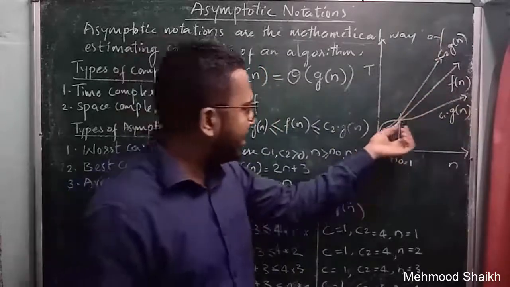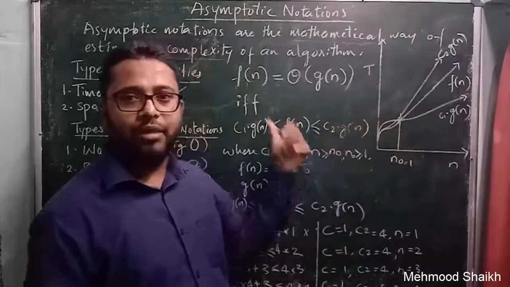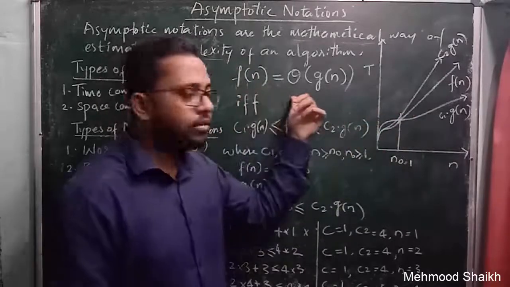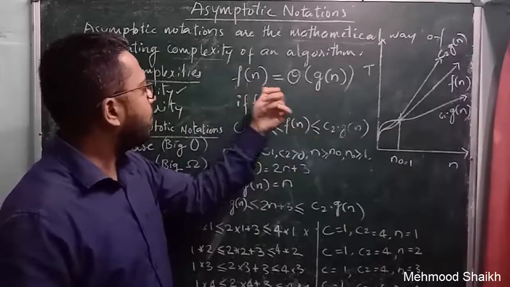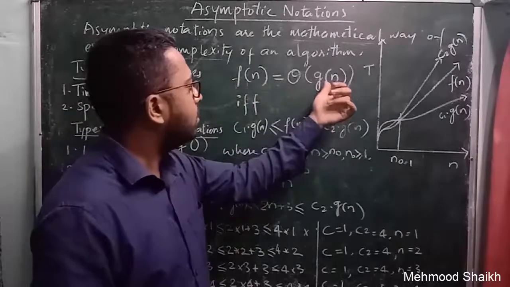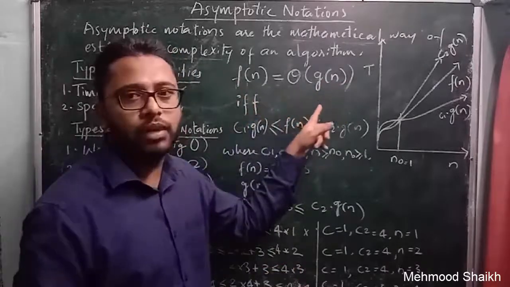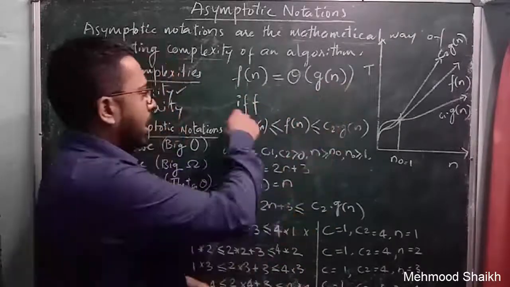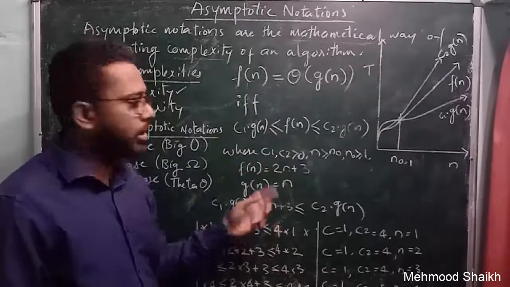Okay, so this behavior of an algorithm in the average case we are trying to depict with the help of this mathematical equation: function f of n is equal to theta of function g of n, and there are some conditions, if and only if these conditions are satisfied.